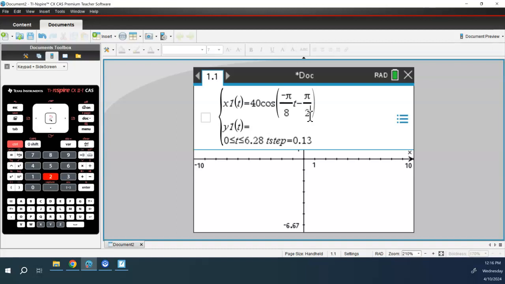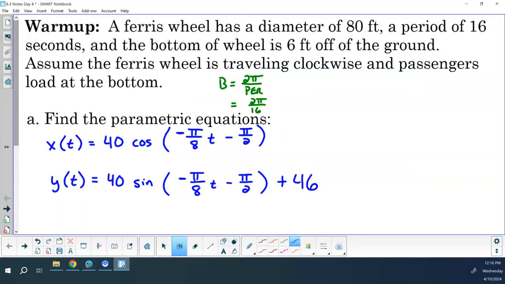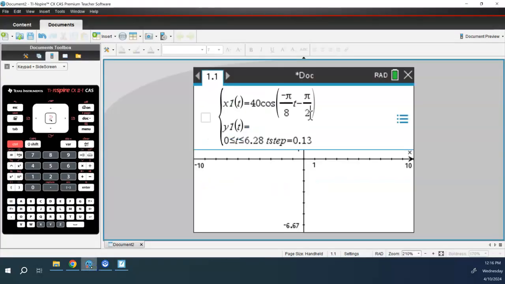Agree with that one? That's what it should be? Yep.